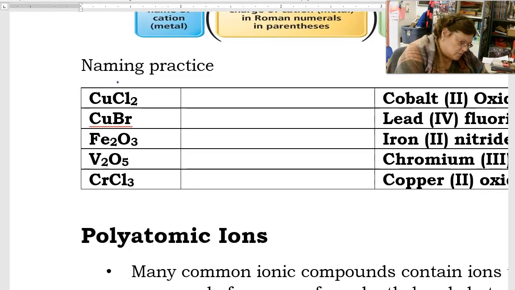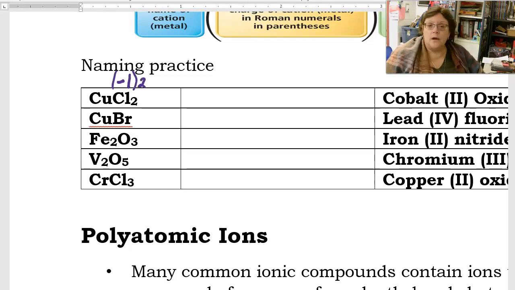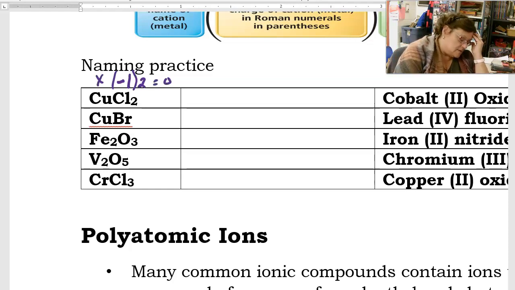He's bonding with chlorine. Chlorine's going to have a -1 because he's a halogen, and we're going to multiply him by 2. So what does copper have to be for that to add up to 0? What +2 gives you 0? If you said +2, you are correct. So we call him copper 2 chloride.